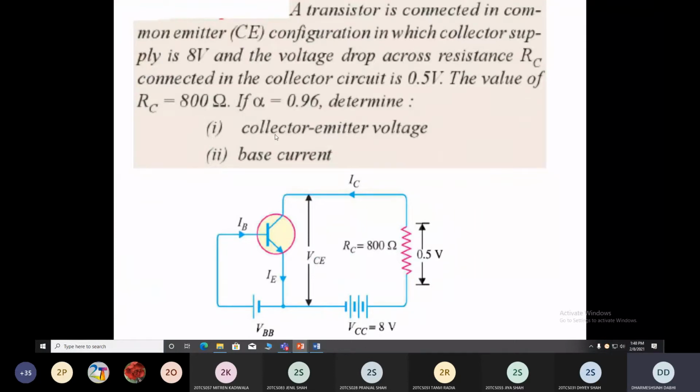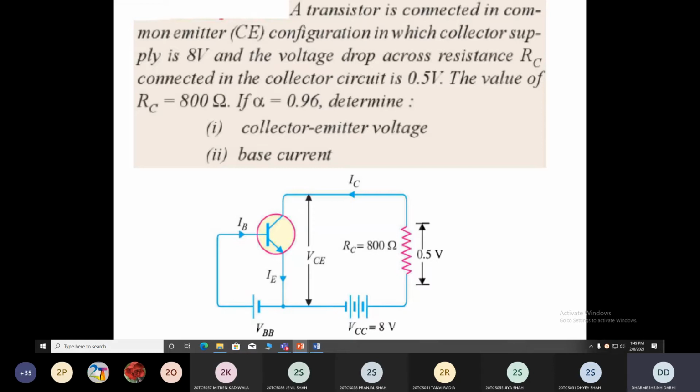Determine the collector emitter voltage, and second, find out the base current. So this is the example of common emitter configuration.